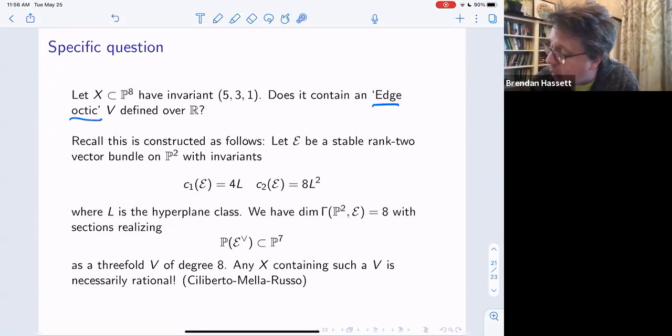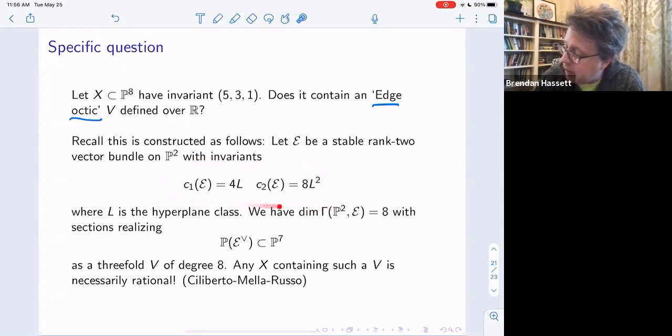But there's a really beautiful paper of Chiantini, Mella, and Russo, and another work by Russo, where they discuss exactly what kinds of special subvarieties force cubic hypersurfaces to be rational. The edge variety is one of those subvarieties. It's basically constructed from a stable rank 2 vector bundle on P2 with these Chern classes. Here, L is a hyperplane class.